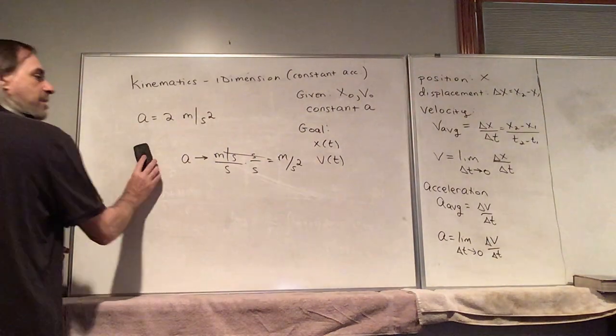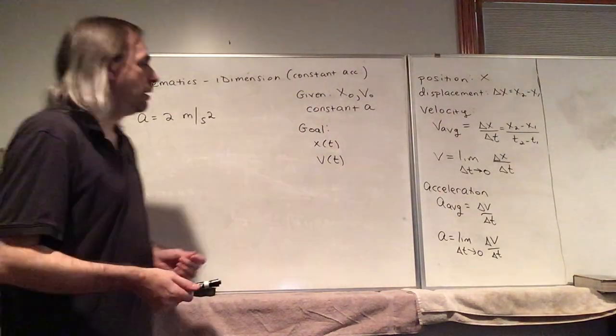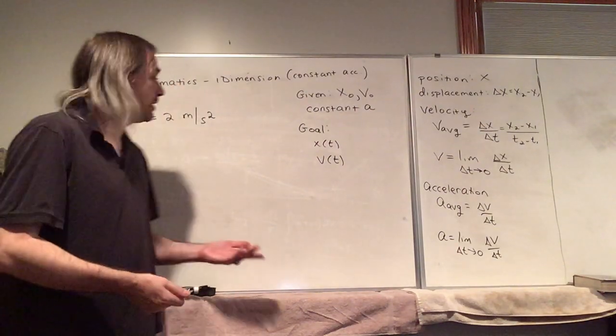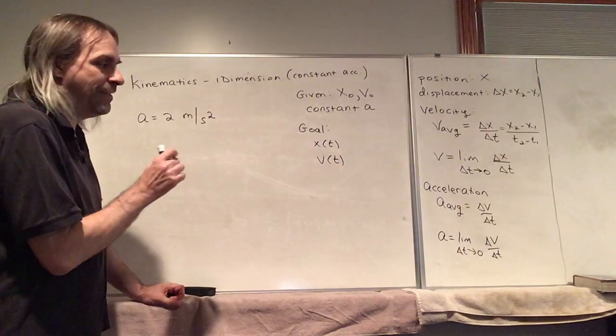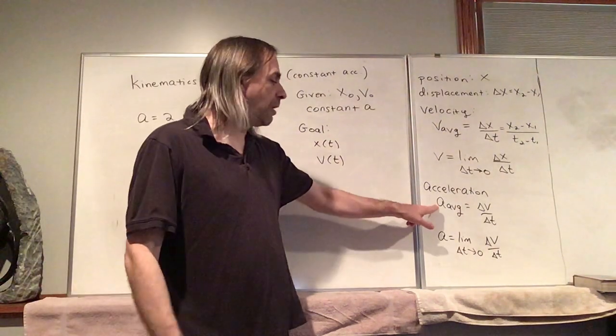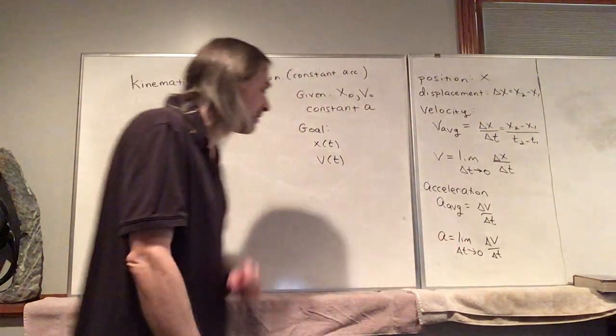Okay, so let's say the acceleration is 2 meters per second squared. What is the average acceleration? Well, it's 2 meters per second squared. So basically, in this case with constant acceleration, the average acceleration is just the acceleration. We don't have to worry about this limit.